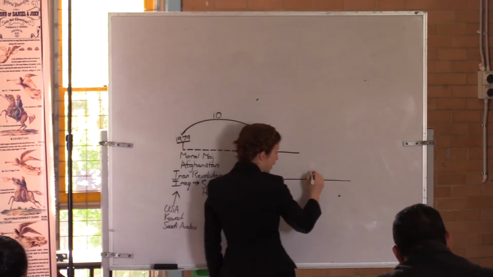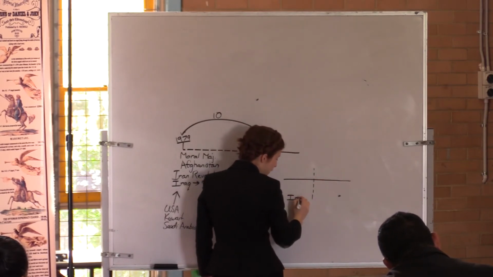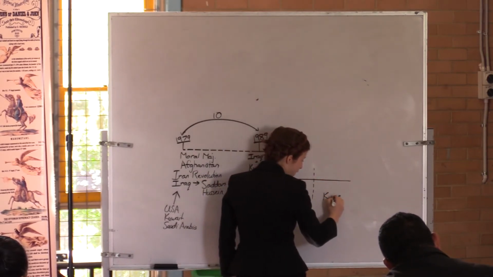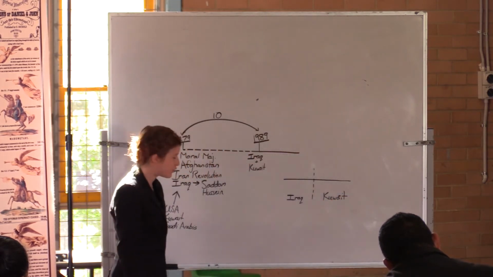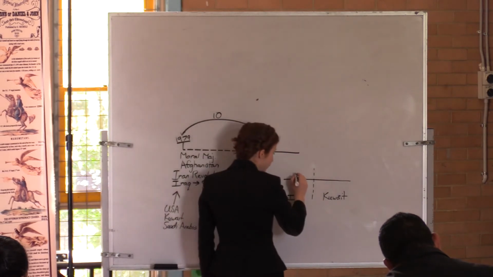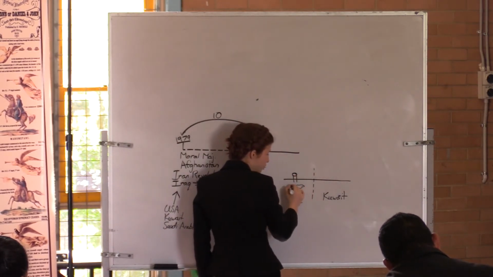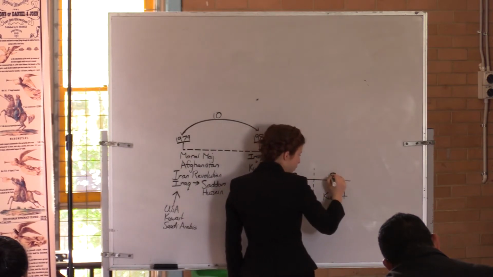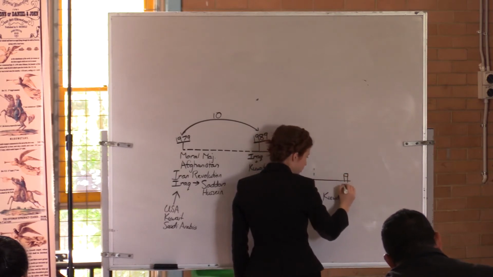Another issue Iraq highlighted. If this is the border, and this is Iraq and Kuwait, they accused Kuwait of something called slant drilling. So this is an oil field in Iraq, and there's some oil. And here's an oil field in Kuwait. They'll have their own oil fields.